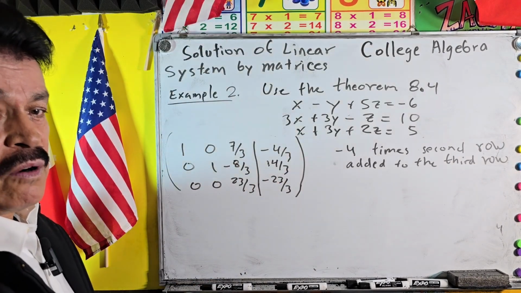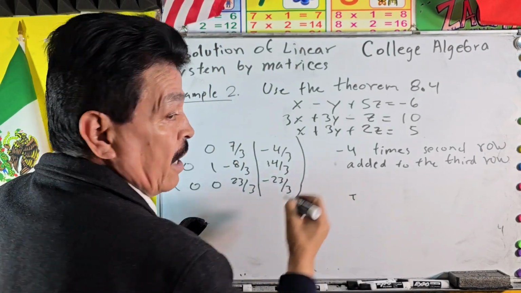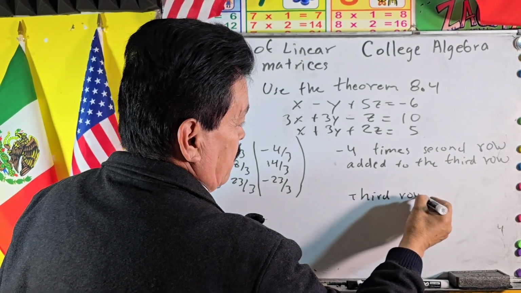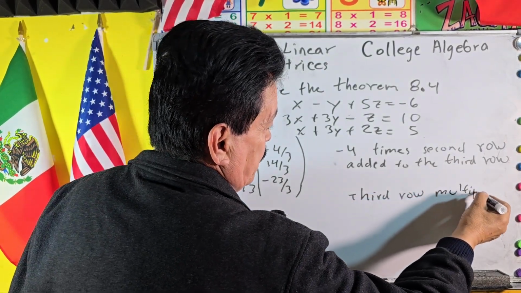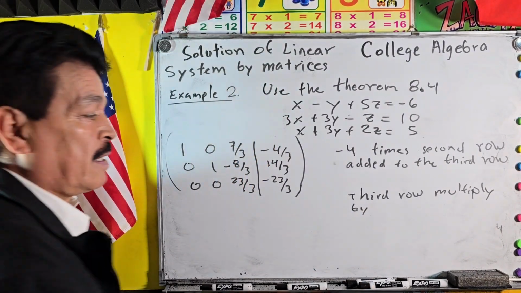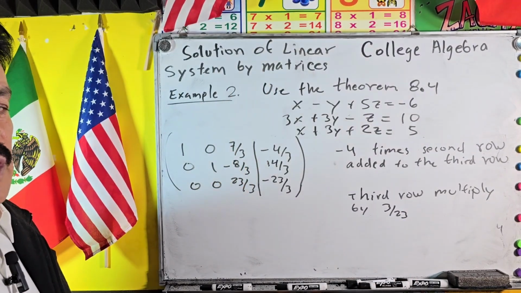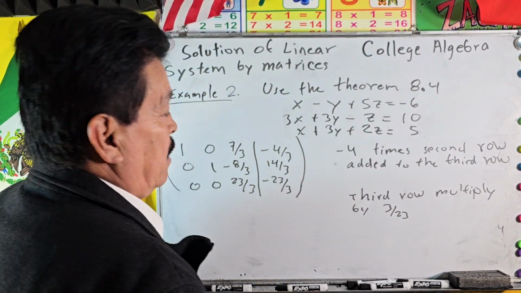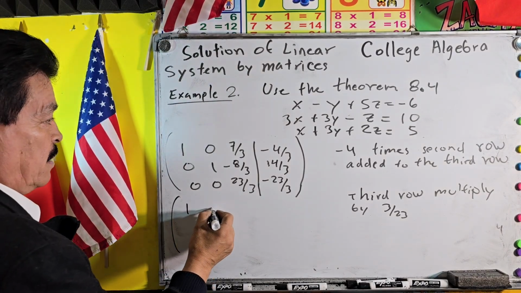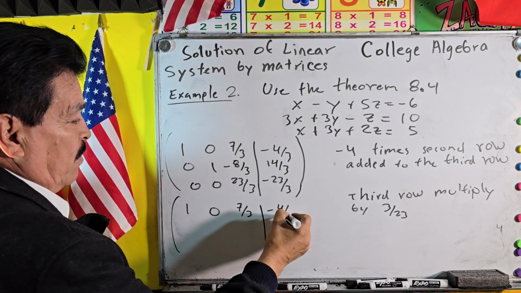So now 0 multiplied by, now we have to multiply by 3/23 here. We will have 1 0 7 3 and 4, 3.